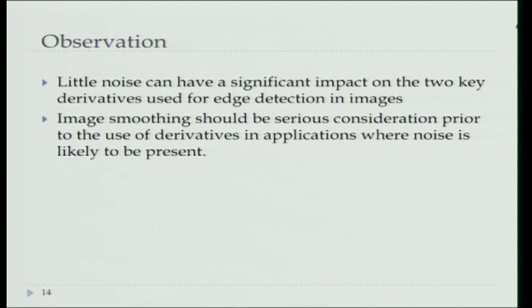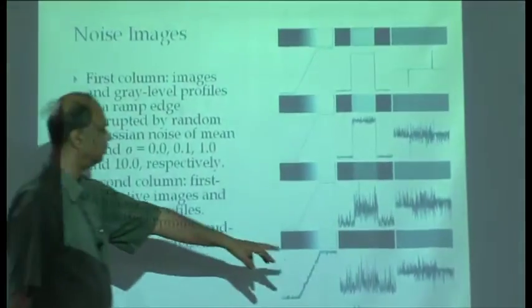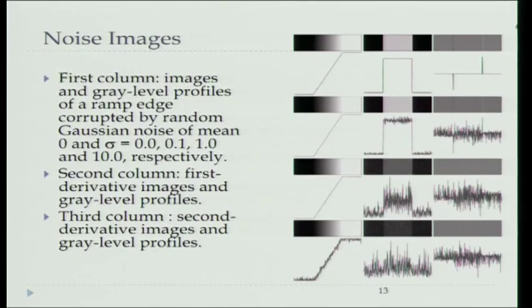So, what you observe is that if I add a very small quantity of noise, it creates havoc on your first derivative and second derivative, right. See, by adding small noise, see the first derivative and second derivative structure. So, it creates a problem for you. If there is a little noise or some salt and pepper noise on your image, the first derivative and second derivative may not give you good indications about your non-zero components.